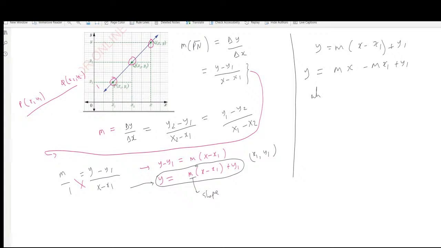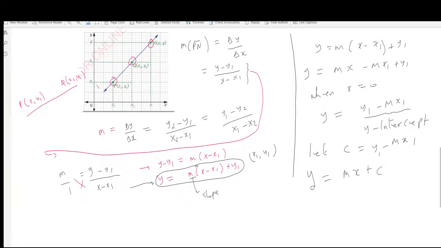So we know that when x equals 0, it means y will be equal to y1 minus mx1. So this is basically the y-intercept. And we can let c to be equal to the y-intercept, y1 minus mx1. So the equation now will be y equals mx plus c, dear students.